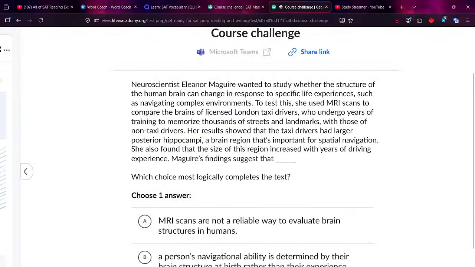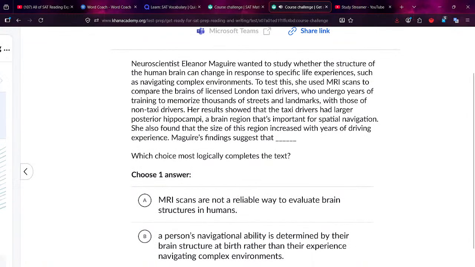And now for this question, what logically completes the text? And this is going to be the final question before we wrap this up. What choice completes the text? Neuroscientist Eleanor Maguire wanted to study whether the structure of the human brain can change in response to specific life experiences, such as navigating complex environments.